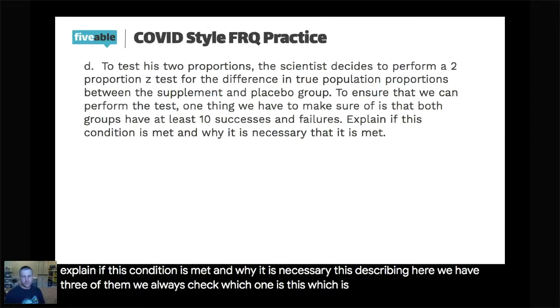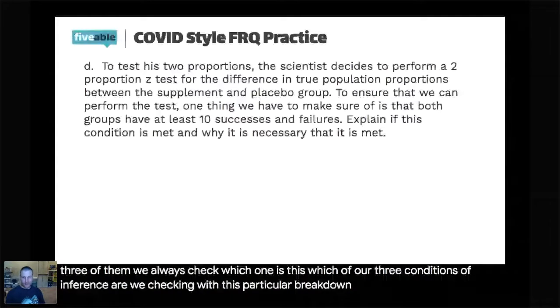Which of our three conditions of inference are we checking with this particular breakdown? The 10 successes and failures. Normality. Yes, you're checking normal. Okay.